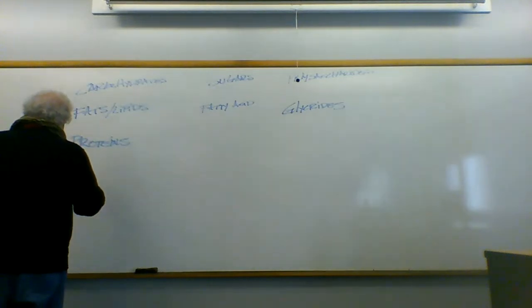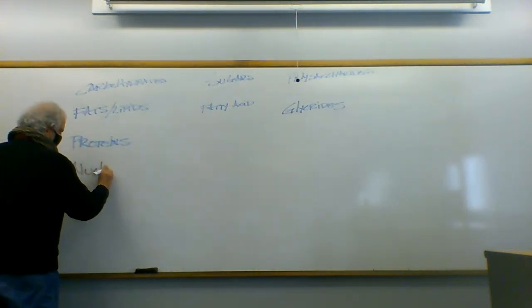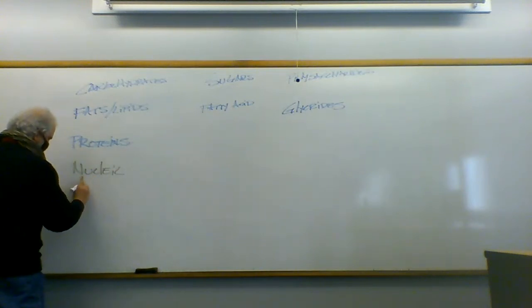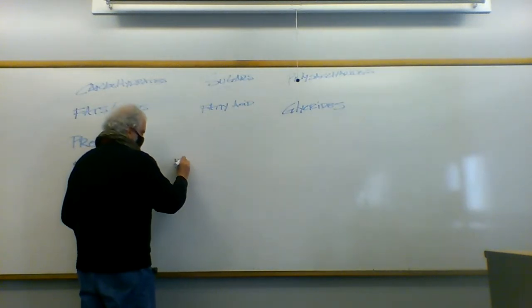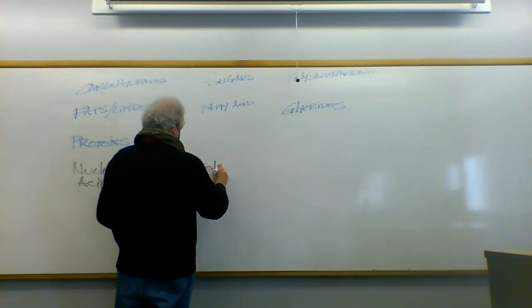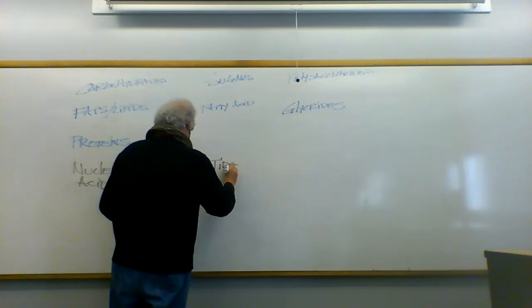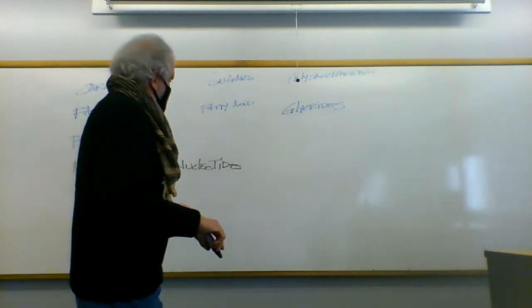So the next class is the nucleic acid class, and the monomers are the nucleotides, and the polymers are RNA and DNA.